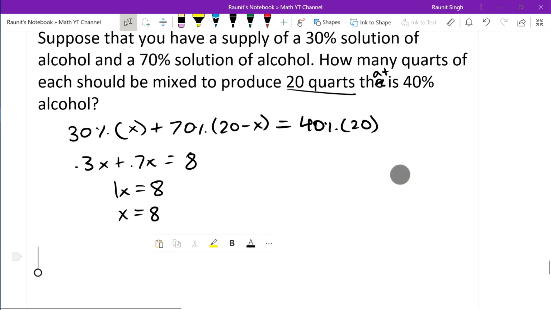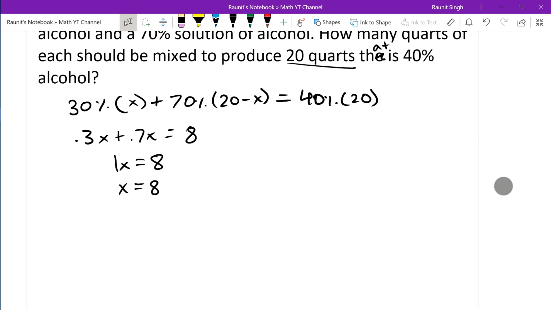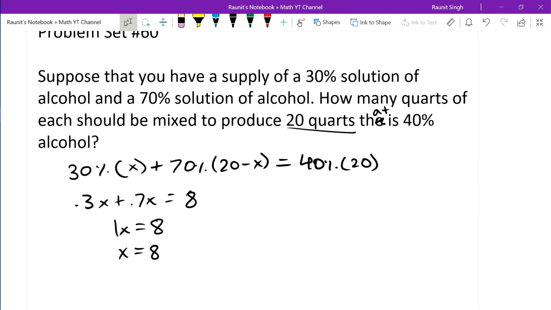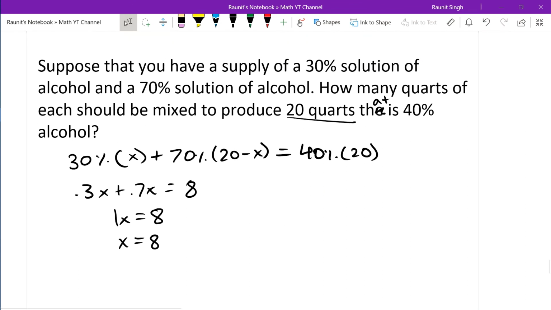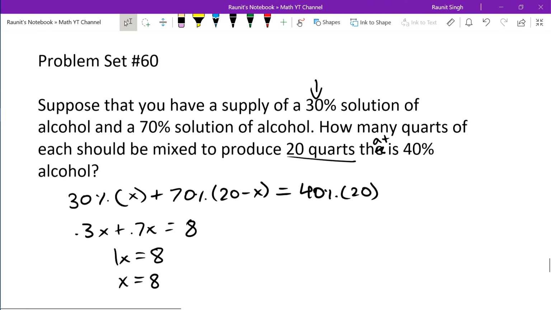Sorry for these keyboard pop-ups. So you should mix 8 quarts into the 30% solution, and then the rest, 12 quarts, go into the 70% solution.